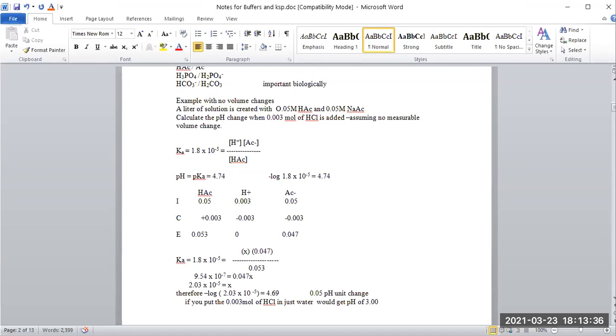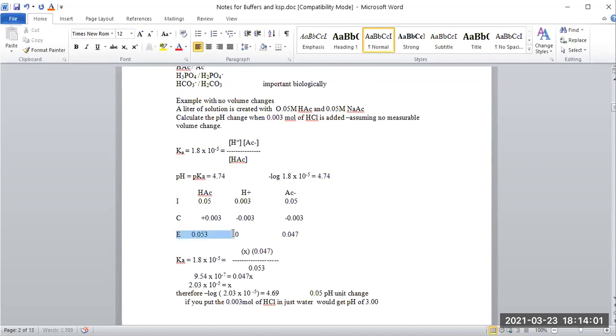So that gives me minus the 0.003 that I added, minus 0.003 of my 0.05. It's going to give me a little extra HAC. All right, look at the equilibrium line here.